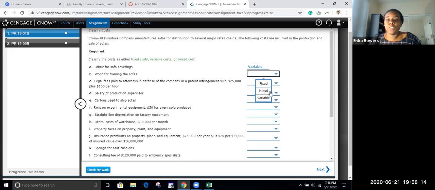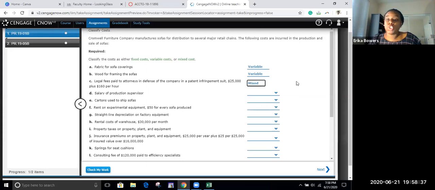Again, the more sofas we make, the more wood. Legal fees paid to attorneys in defense of the company in a patent infringement suit, 25,000 plus 160 per hour. Remember we talked about mixed costs where you have a fixed portion as well as a per hour portion. So this would be a mixed cost.